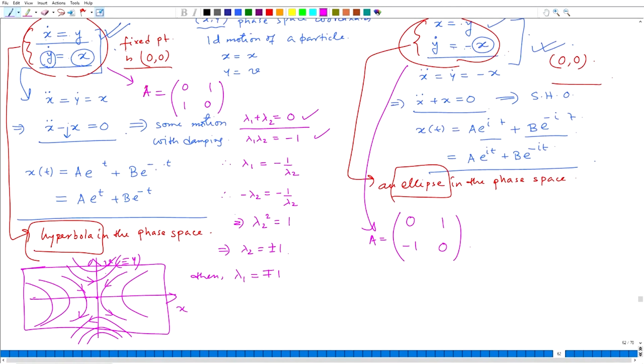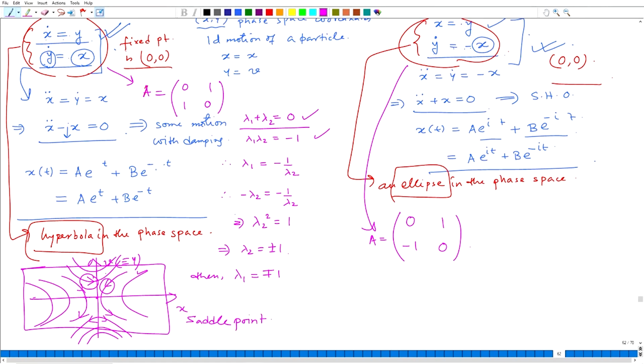So, for example, I am telling you, here you see this type of mixed behavior is not very evident. For that, first of all you have to find the equation of the hyperbola, and you have to draw them properly, and you have to draw the proper directions. Then you will see that in some cases, in some directions you will have a hyperbola which looks like a repeller, I mean the phase trajectory is a repeller, and in some cases they act as an attractor. So, that is why this type of fixed point is also known as a saddle point.